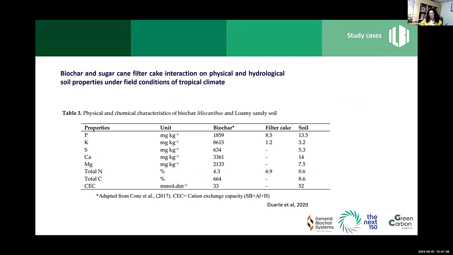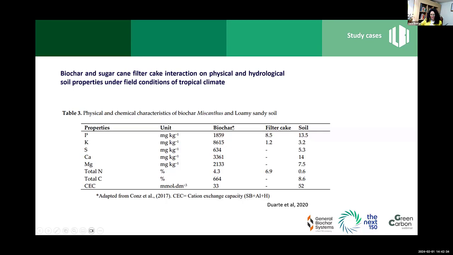And also in terms of it, we now have some case studies. This one was developed with some researchers from Brazil and Germany. Basically it's about biochar and sugarcane filter cake interaction on physical and hydrological soil properties in field conditions of tropical climates. And look how important it is, we did, for example, a comparison between biochar and soil in terms of properties and nutrients.